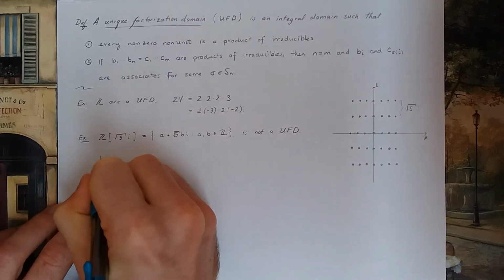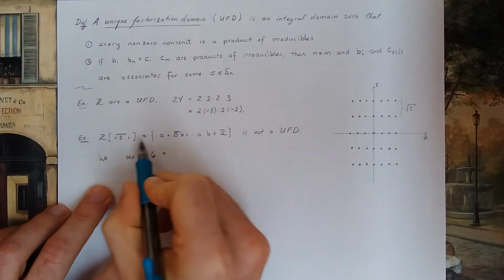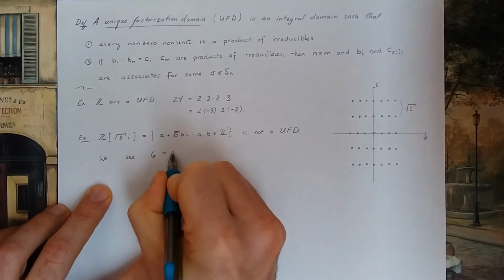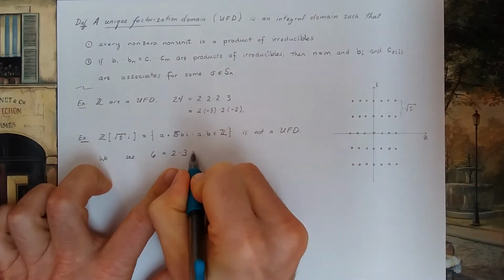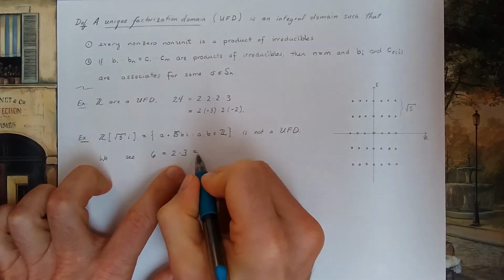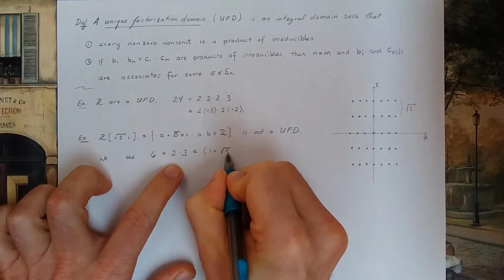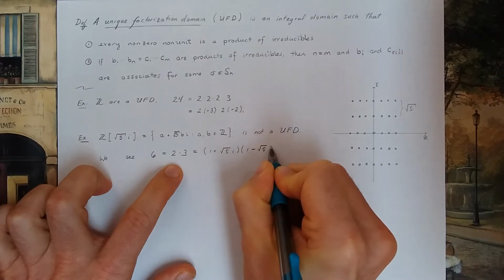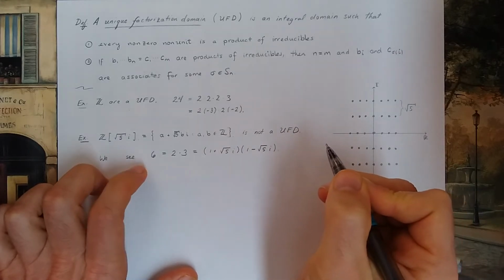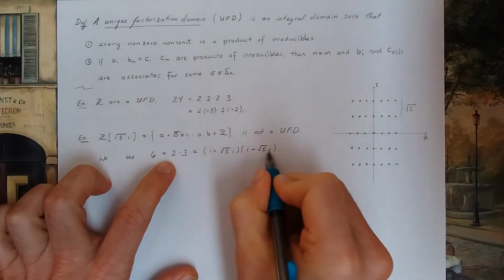Why? We see that 6 is an element in this ring. 6 can be written as 2 times 3, but 6 can also be written as 1 plus root 5i times 1 minus root 5i. So I could break 6 into irreducibles two different ways.